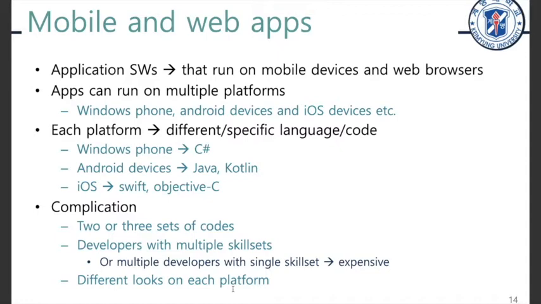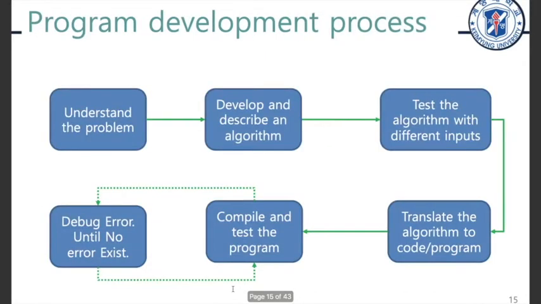So when we develop a program, we have to take a look at all these sorts of problems. What are the problems of developing a program? There is actually a process in developing a program.